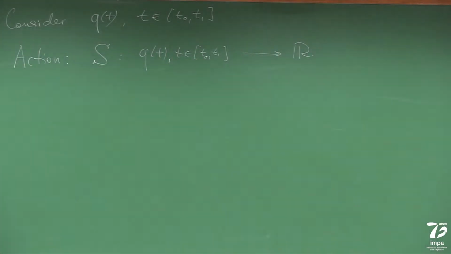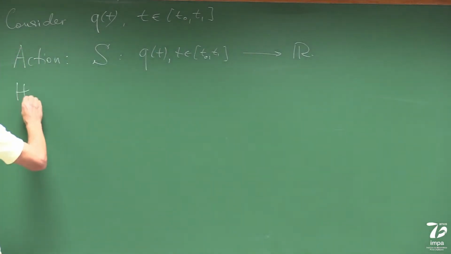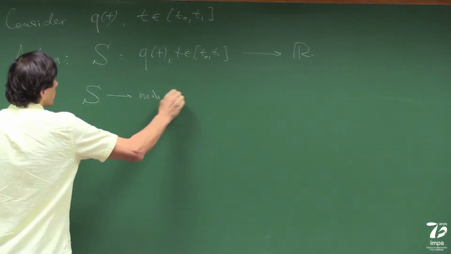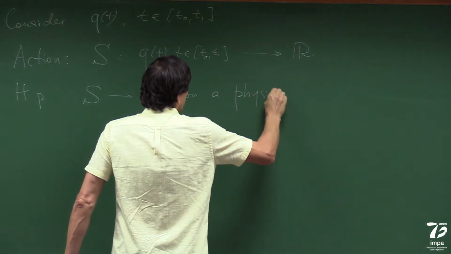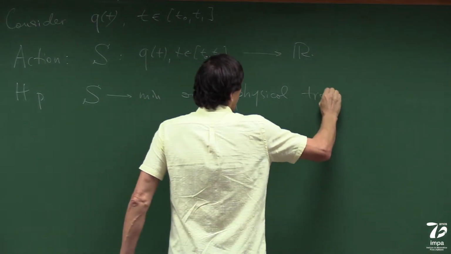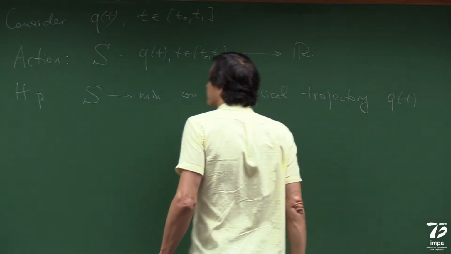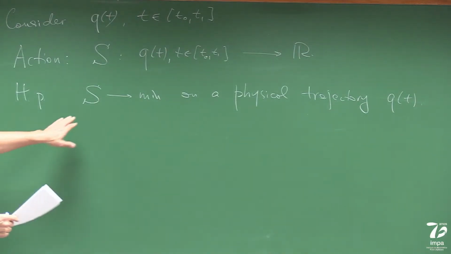There is a law where you give it a trajectory, and it gives you a number. So the Hamilton principle tells that S should attain a minimum on a physical or true trajectory. So that's the mathematical formulation. The next question: what is S?